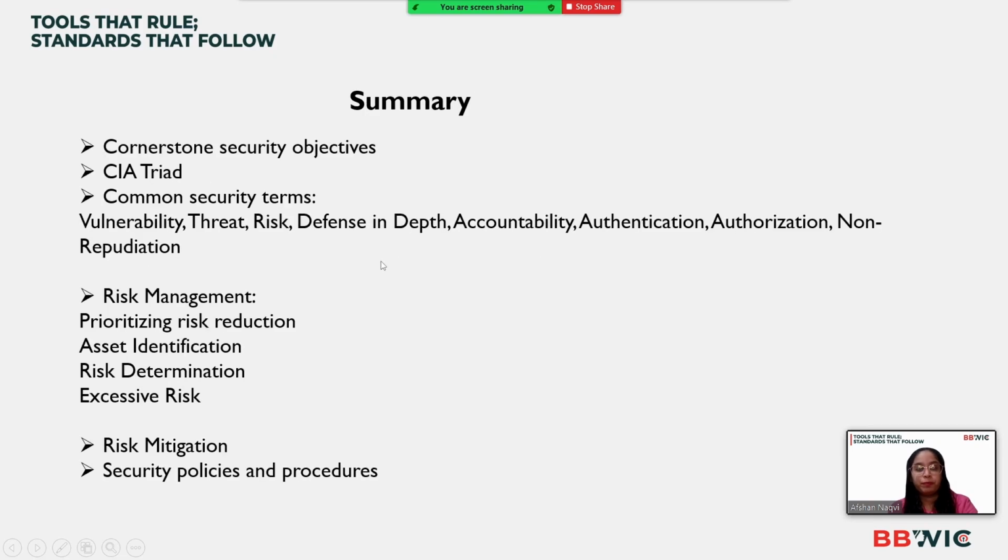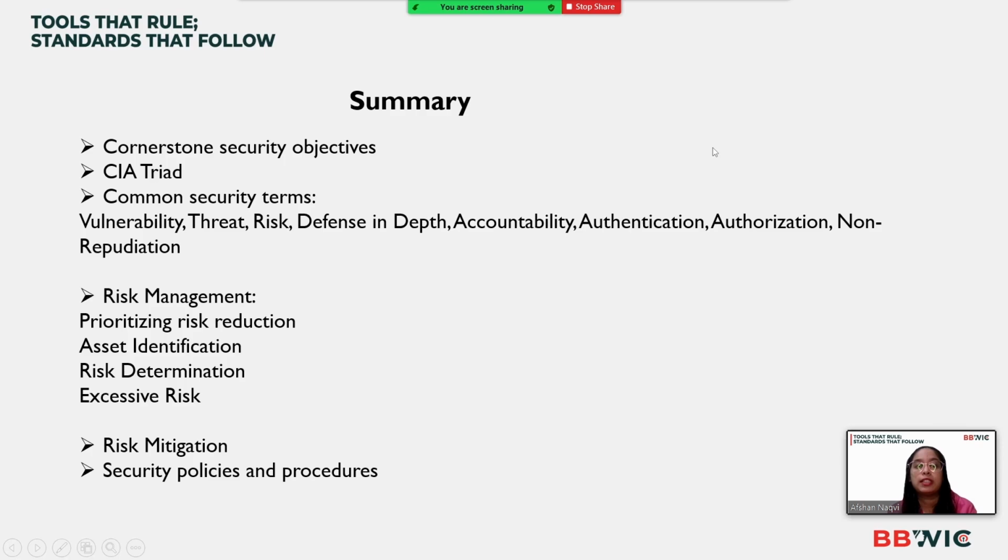Okay, so here is a summary of what we have learned. We have learned the cornerstone security objectives, that is the CIA triad: confidentiality, integrity, and availability. We have seen the common security terms, that is vulnerability, threat, risk, defense in depth, accountability, authentication, authorization, non-repudiation, and exploits.